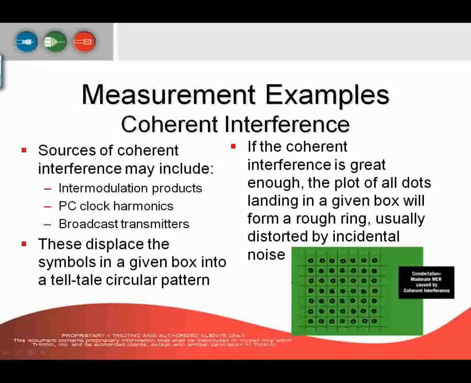These types of interference displace the symbols in a given box into a telltale circular pattern. It kind of looks like a donut, a cluster of dots with a hole in the center of it. If the coherent interference is great enough, the plot of all the dots landing in the given box will form that ring, usually distorted by incidental noise.